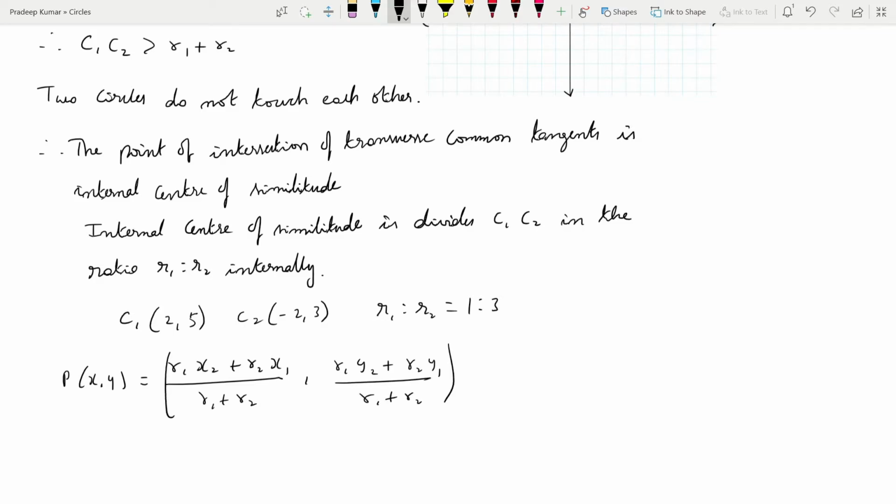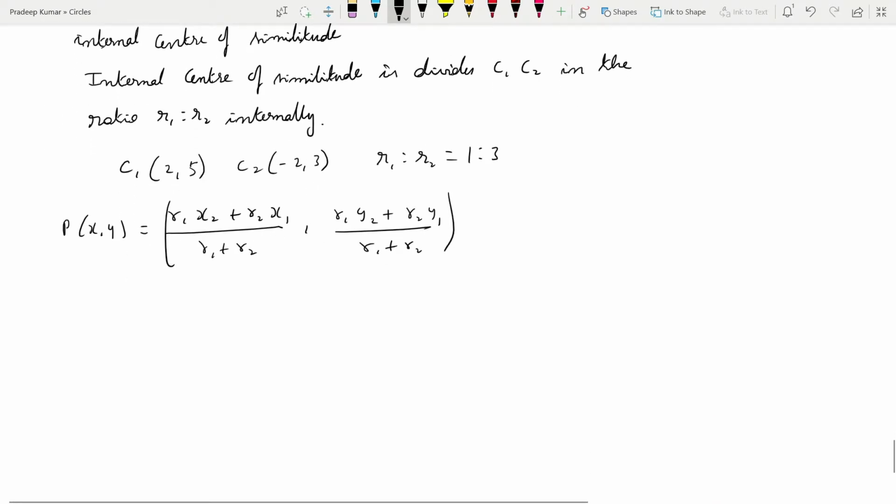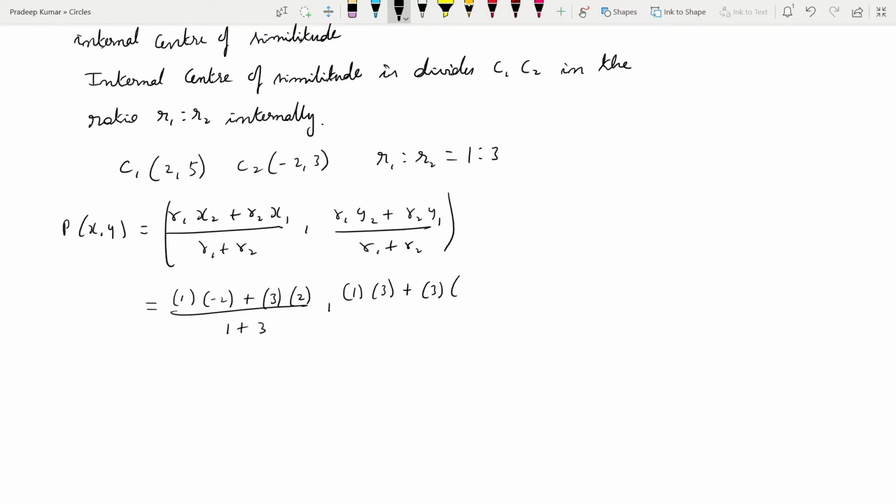So let's submit these values. R1 is 1 and x2 is minus 2, and R2 is 3 and x1 is 2, by R1 plus R2 which is 1 plus 3. Whereas R1 is 1 and y2 is 3, plus R2 is 3 and y1 is 5, whole by 1 plus 3. Now let's solve this further and see what we get over here.